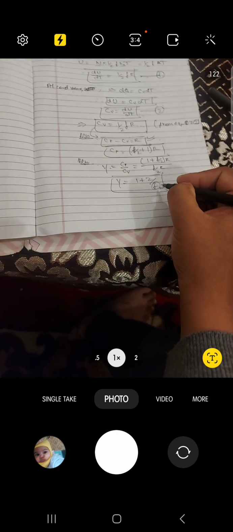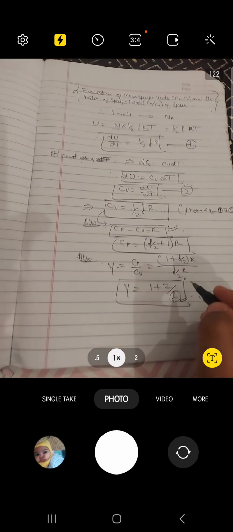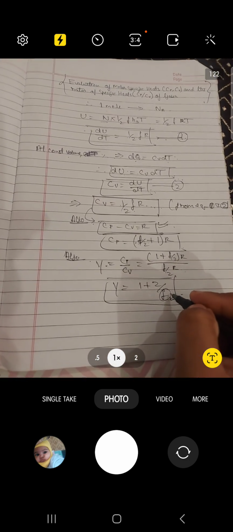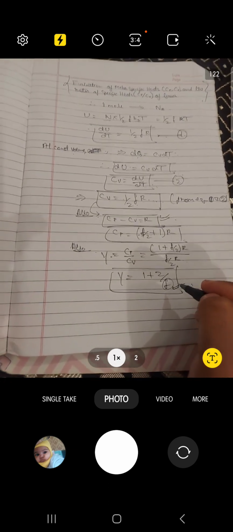Okay, and you better know the degree of freedom for all the molecules which are there. Even for the monatomic, for the diatomic, and for the polyatomic or triatomic molecule.